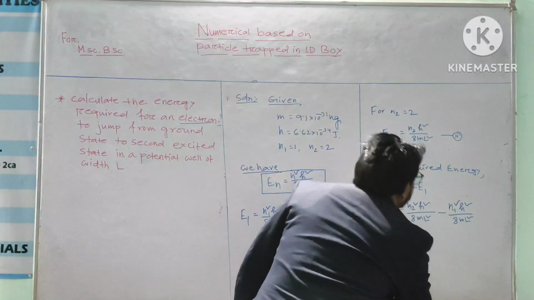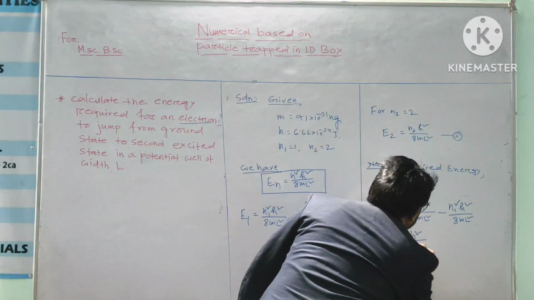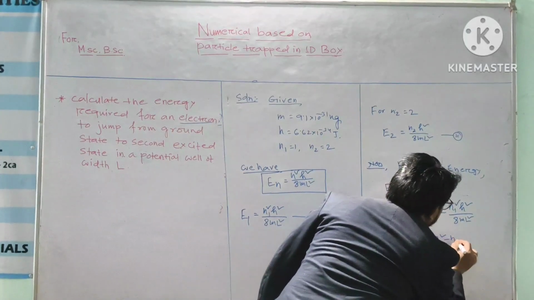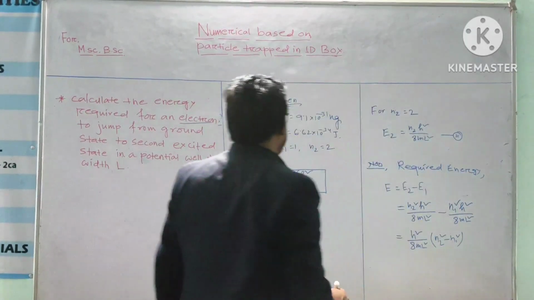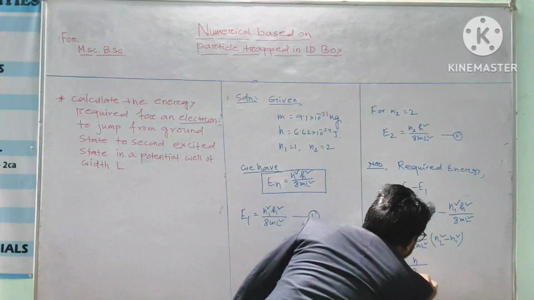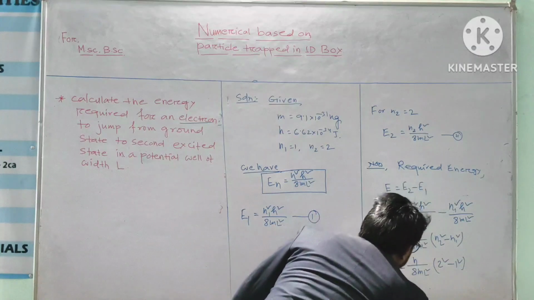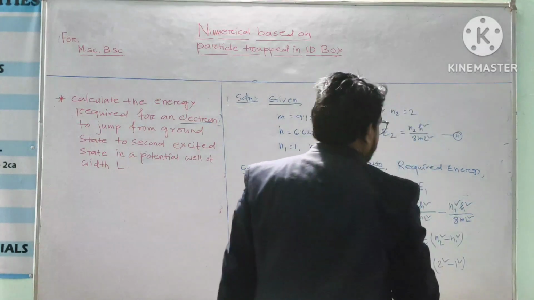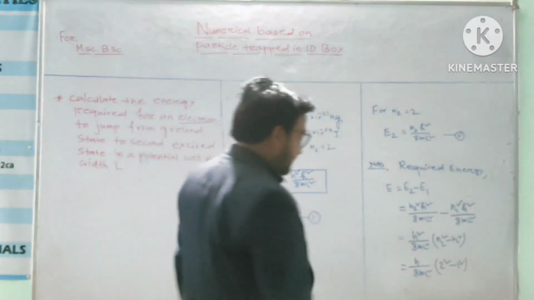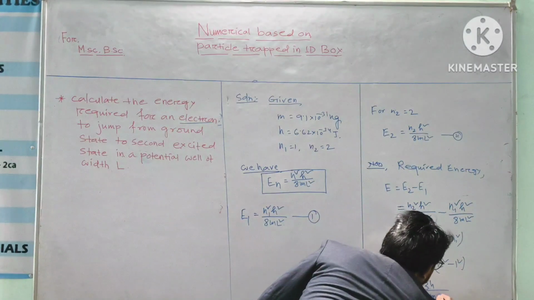Now we can take the common part, h square divided by 8m L square, times n2 square minus n1 square. The value of n2 equals 2, so 2 square minus 1 square. After solving this part, 2 square is 4, minus 1, this is equal to 3, so we can write 3h square divided by 8m L square.